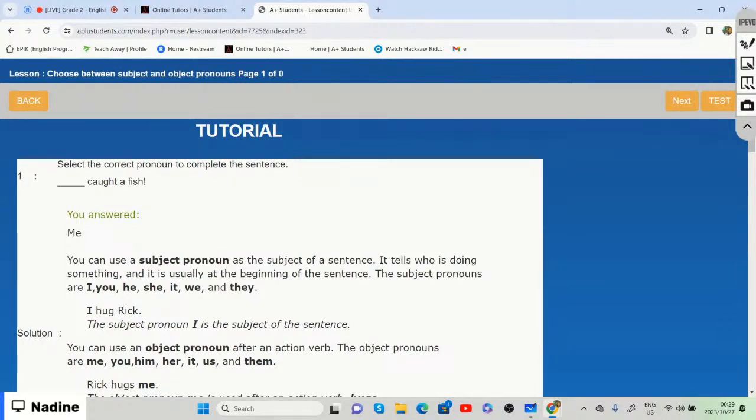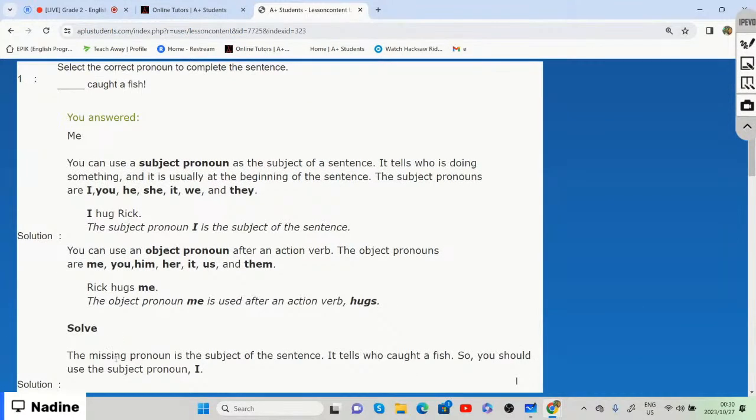If we look at an example, I hug Rick, the I is our pronoun, and it's the subject of the sentence.